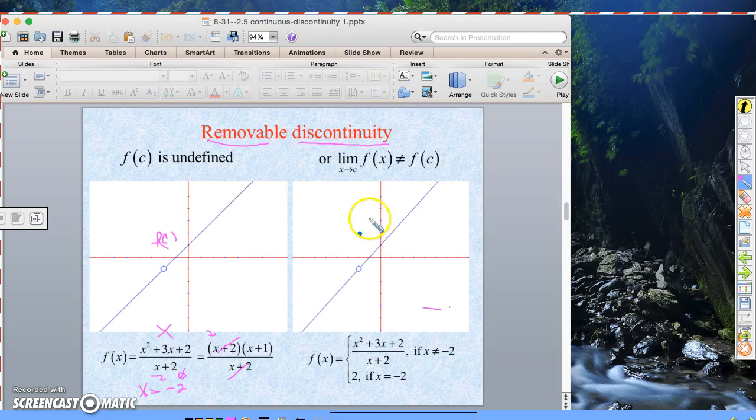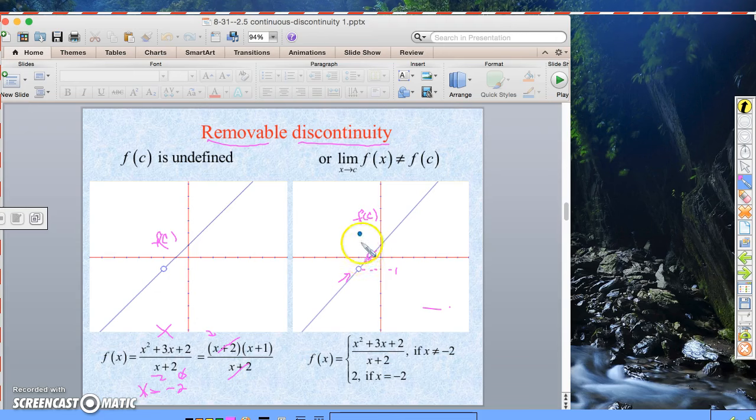Take a look at the other case. You look at here. Notice here, we have the limit from the left and the right. See, here's the left, here's the right. It approaches negative 1. The value, though, on the other hand, is negative 2. See? f of c is right here.